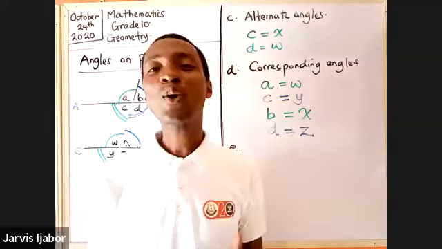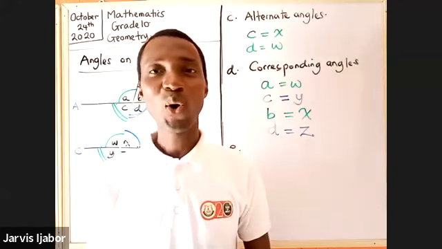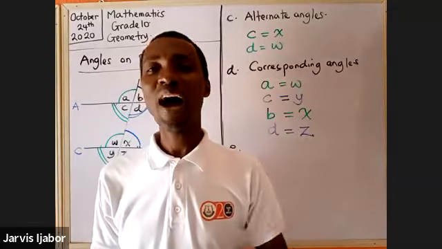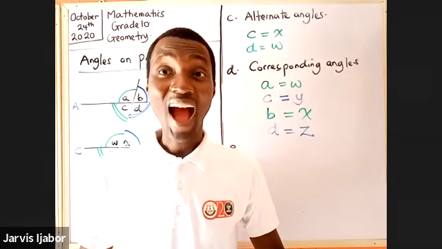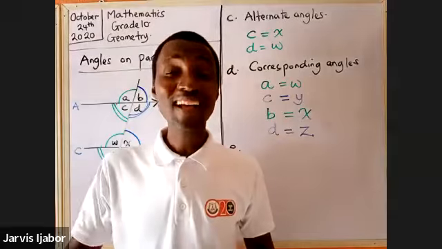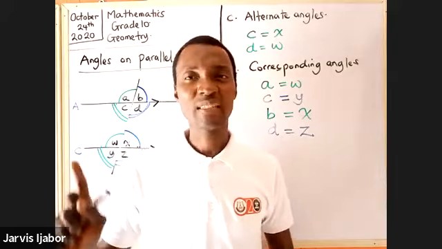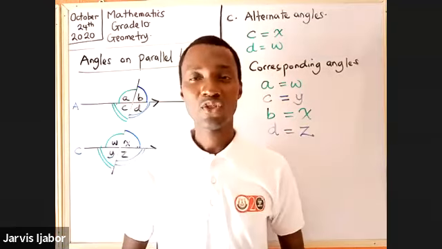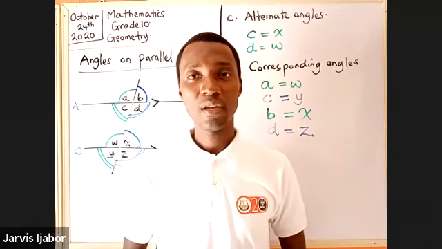There's something we call allied angles or co-interior angles. I don't know, it just disappeared from books. I can't remember in the last 5 years I've heard a math teacher mention it. It's shocking.